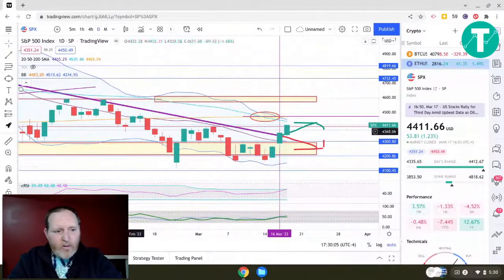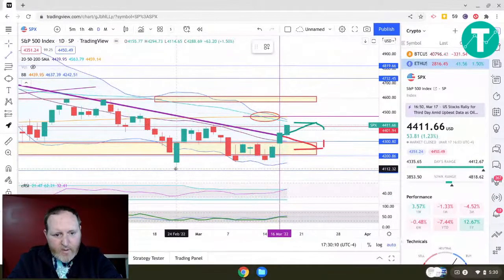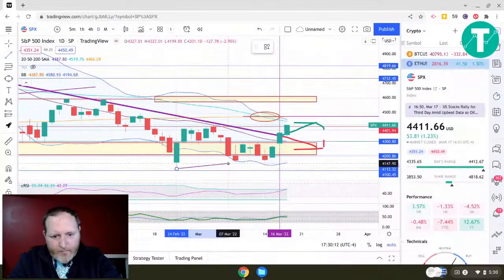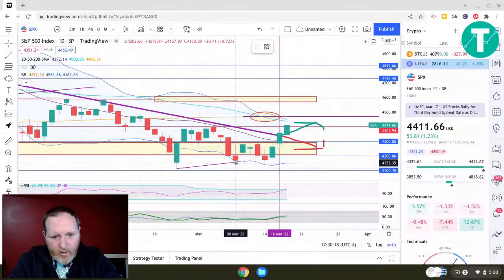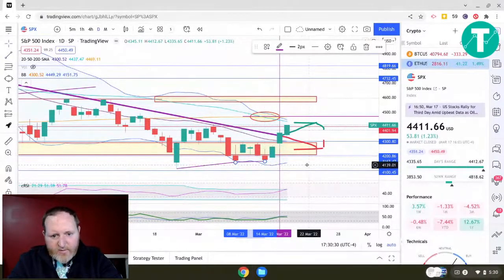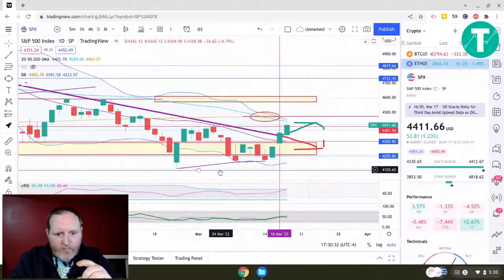Now, if we actually draw a trend line here on these lows, from this bottom to this bottom, and then I'm going to put another one going from here up to this one right here, that third bottom. What did we just do with those three bottoms?